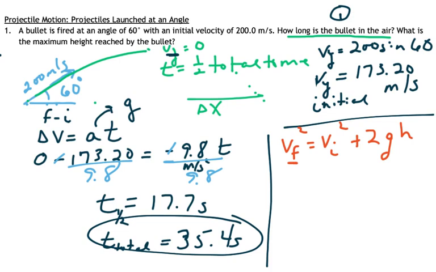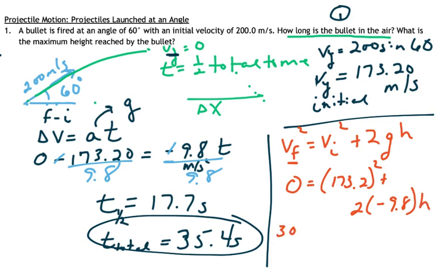So we know our final velocity at the maximum height is equal to 0, is equal to 173.2 squared plus 2 times negative 9.8 times the height. We end up with 30,000 is equal to 19.6 h, and you end up with a maximum height of 1531 meters.